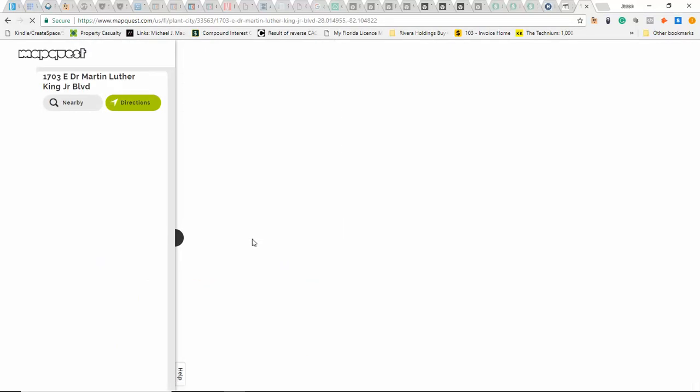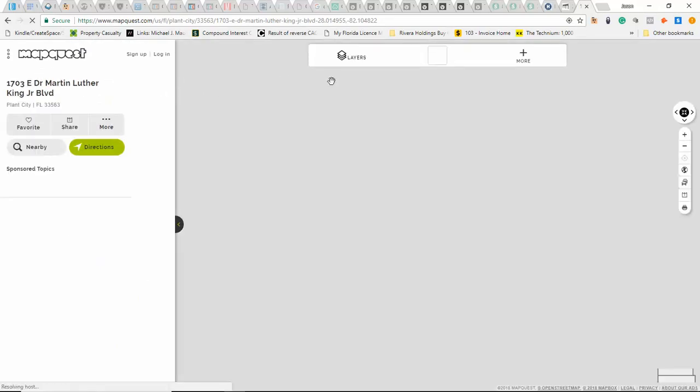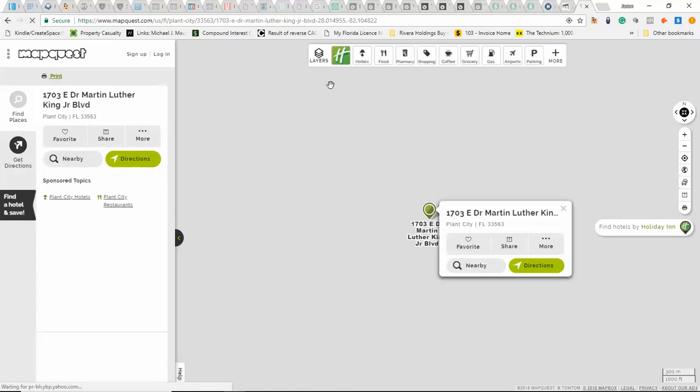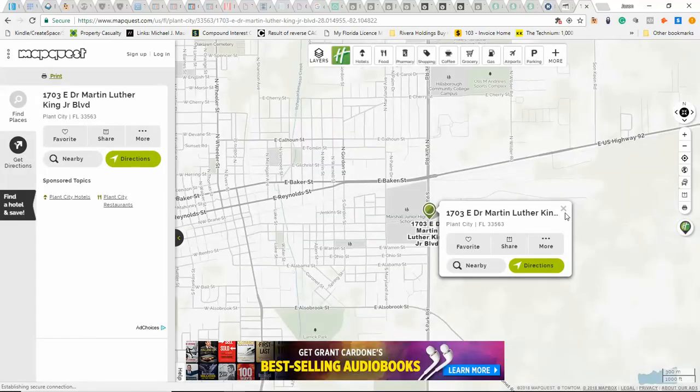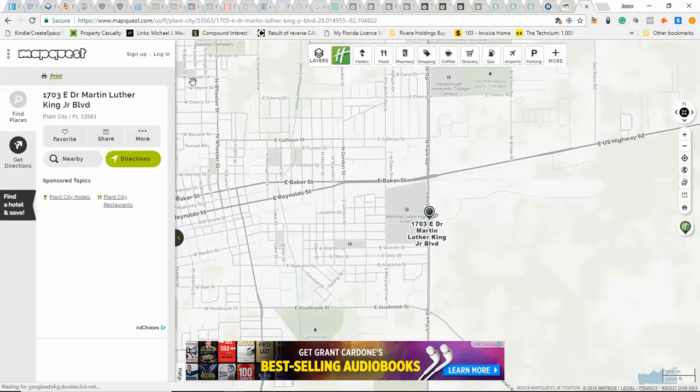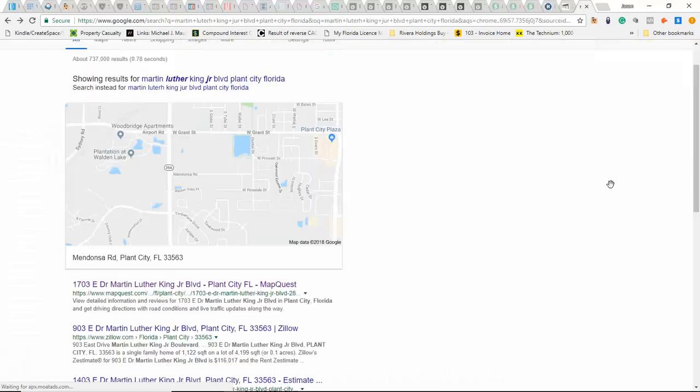This works better for commercial properties and apartment buildings. Obviously, kind of a packing plant is an apples to apples comparison. But just to kind of get an idea of what is this? I don't know what this is. It's coming up as a hotel. So that wouldn't be an apples to apples comparison if that really is a hotel.